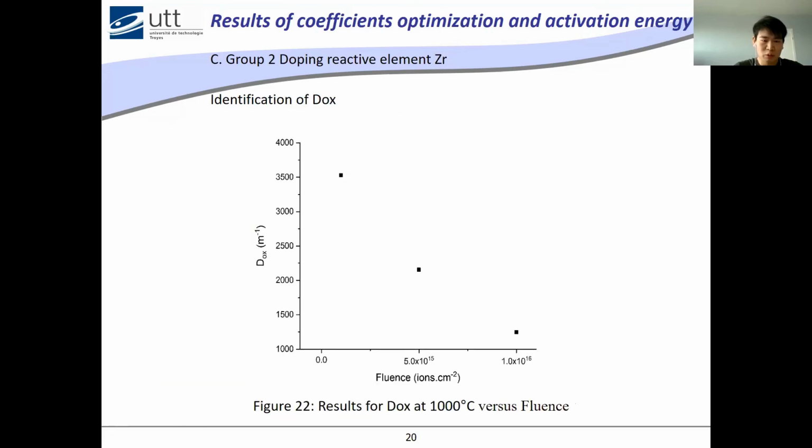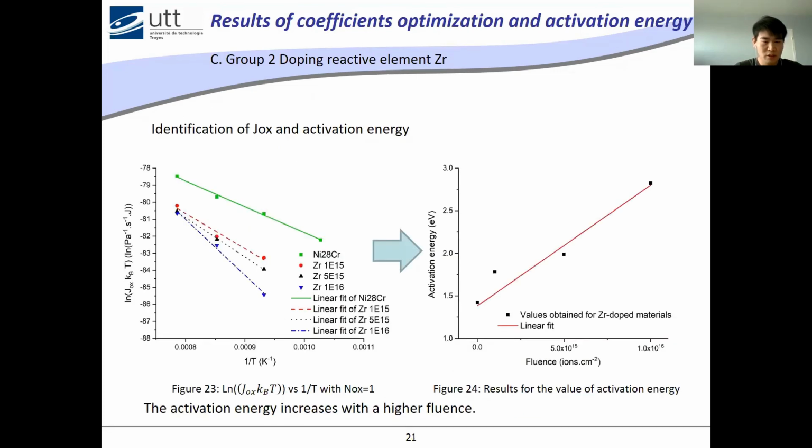For the second group, doping with zirconium, Dox also decreased versus the fluence. And for Gox and the activation energy, we can get the same conclusion: the activation energy increased with the higher fluence.